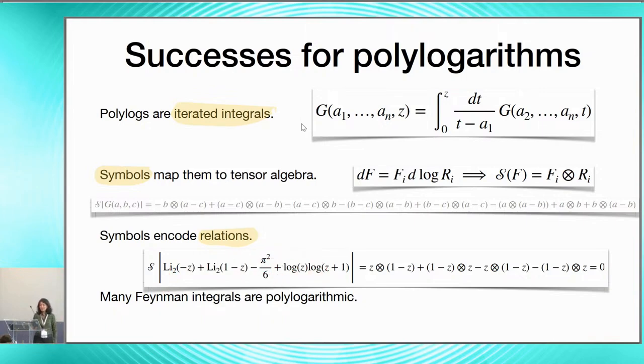But the relations really boil down to if something is going to be equal to 0, so then you can easily collapse it, map it onto something that you can manipulate algebraically in tensor algebra, and find that's 0.